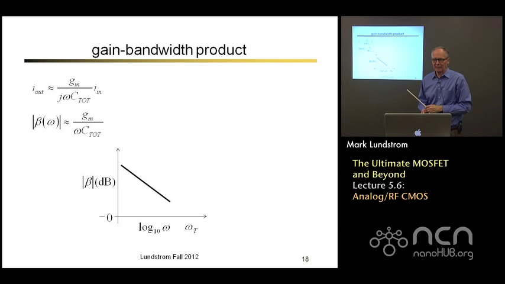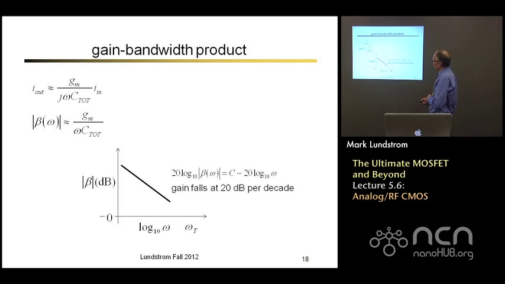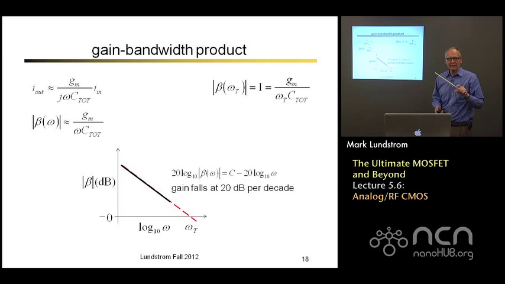If we plot this gain versus frequency, we'll see that it drops linearly with frequency. Or if I plot it on a log plot, it drops at minus 20 dB per decade of frequency. If you extrapolate to the point where the current gain drops to 1, now we've pushed the device as far as we can. If the gain is less than 1, it's not very useful as an amplifier. So that frequency, which we call omega_t, is a key figure of merit because it tells us the highest frequency at which the device is useful.